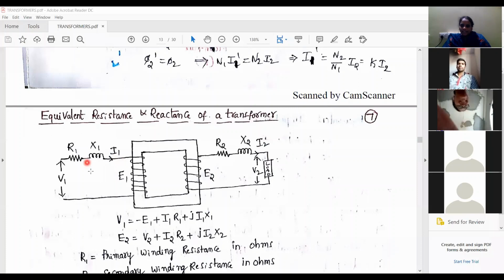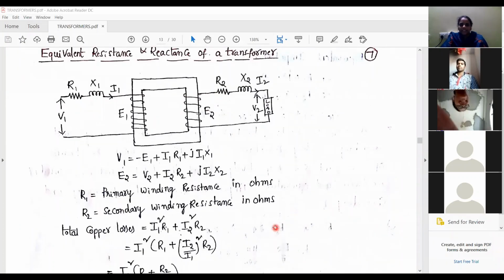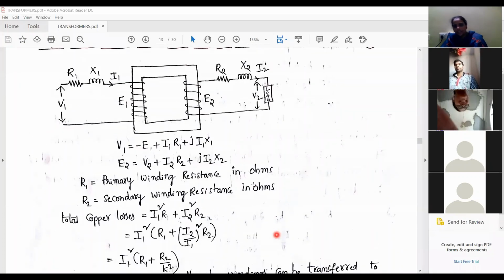Now, when the primary winding parameters R1 and X1 are transferred to the secondary side, we call them R1 dash and X1 dash, just to identify. Suppose I want to transfer the secondary parameters R2 and X2 to the primary side, I will call them R2 dash and X2 dash. So what are the primary winding parameters? R1, X1.